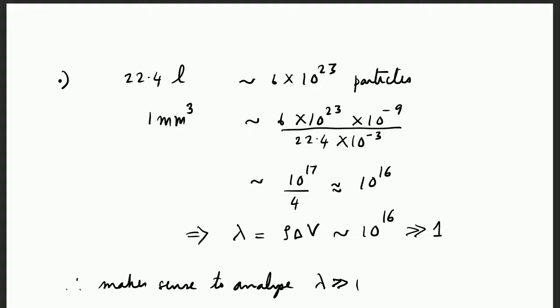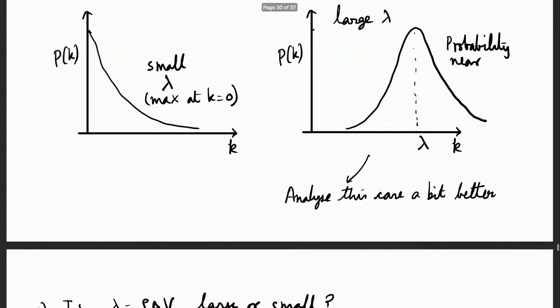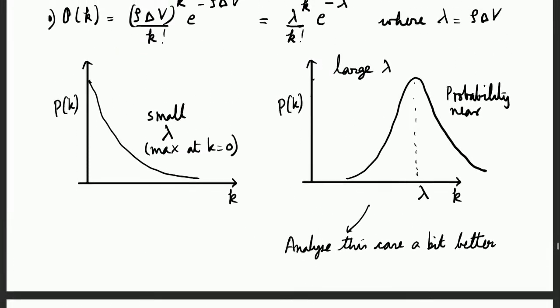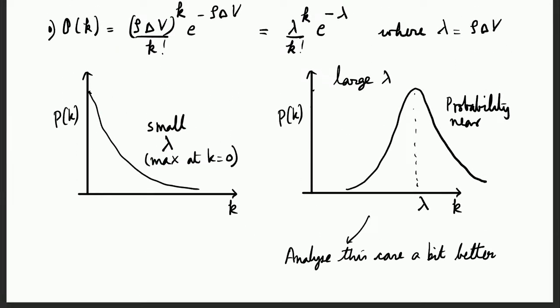So it makes sense to analyze lambda large, not lambda small. Remember, for lambda large my claim was that it looks like this. So we are going to analyze this case a bit better, because that is the interest that we have. When we were getting the Poisson distribution, we had to assume that delta V by V was small. Can we still make that approximation?